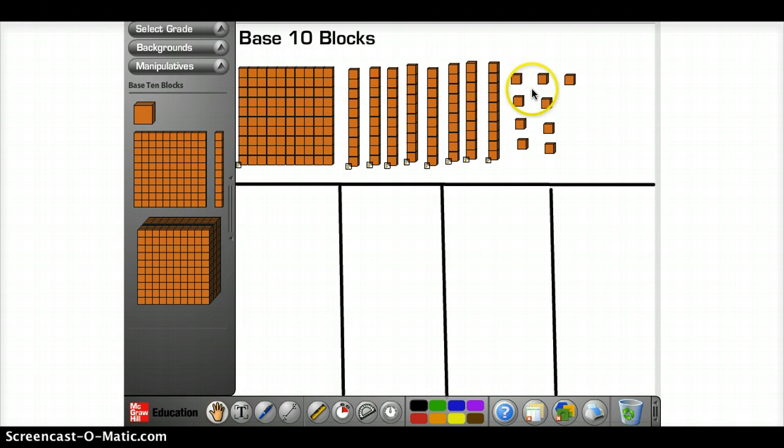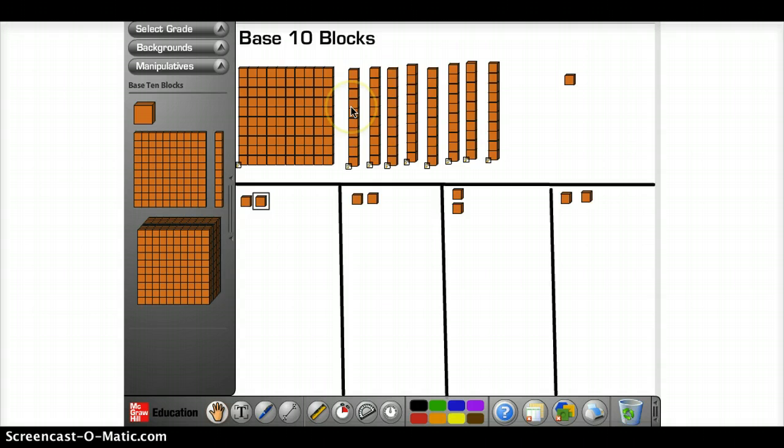So we're going to start by dividing in our ones cubes. Okay, I have enough ones cubes for 2 in each, and I have 1 left over, but we'll deal with that later.